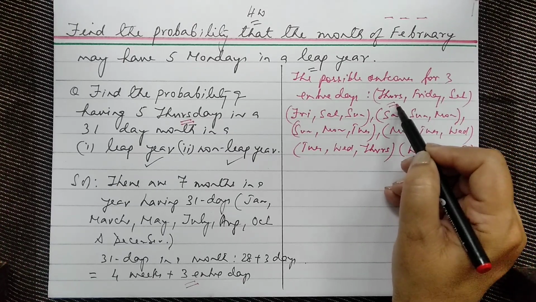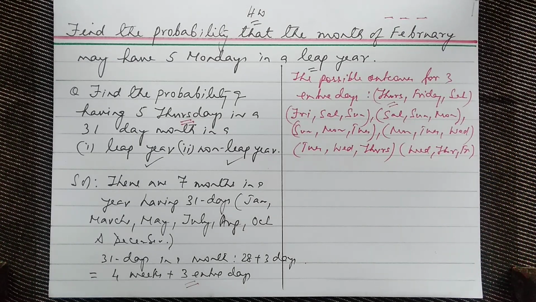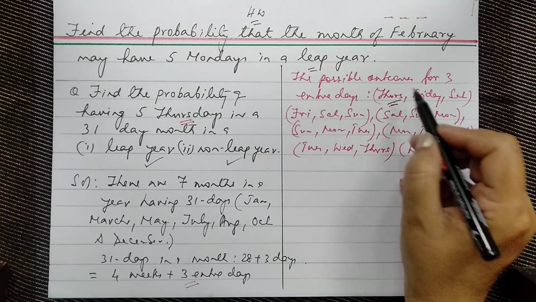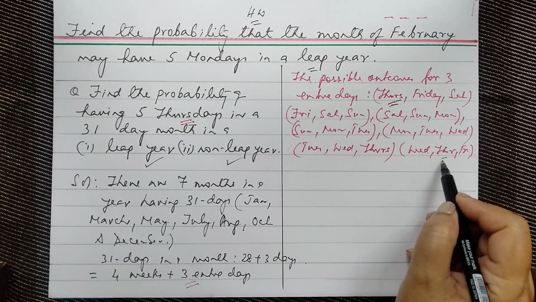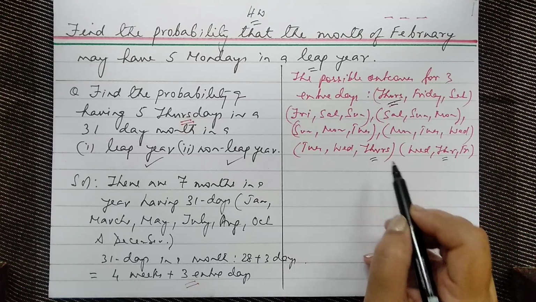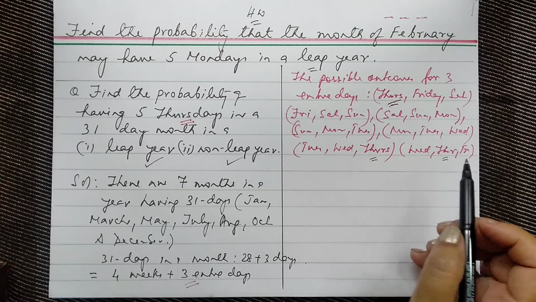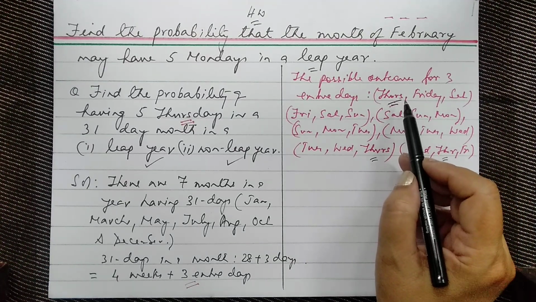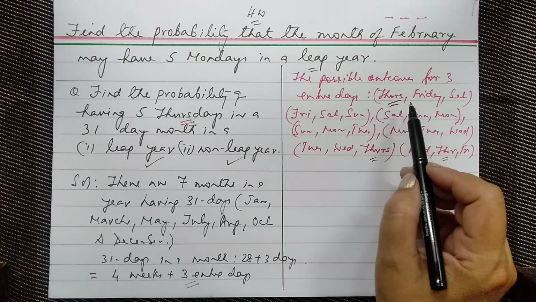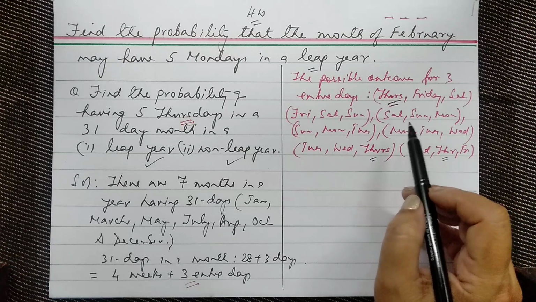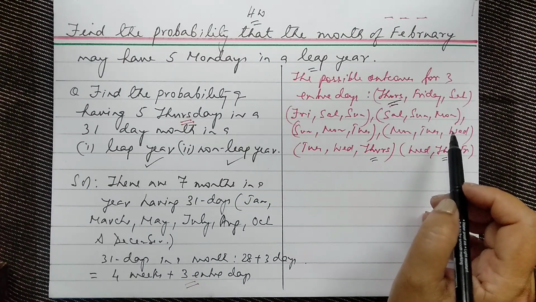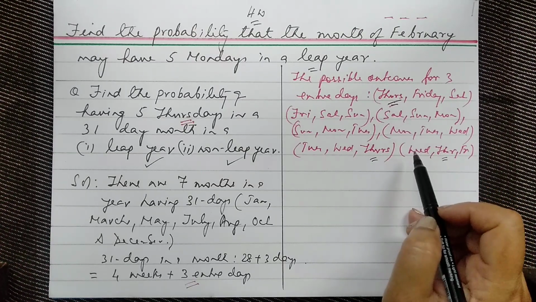So we have one Thursday in this combination, this Thursday in this combination, and this Thursday in this combination. Can you see it? It will become all the more interesting if you analyze this. Most of us find it very difficult to get the sample space, the possible outcomes.